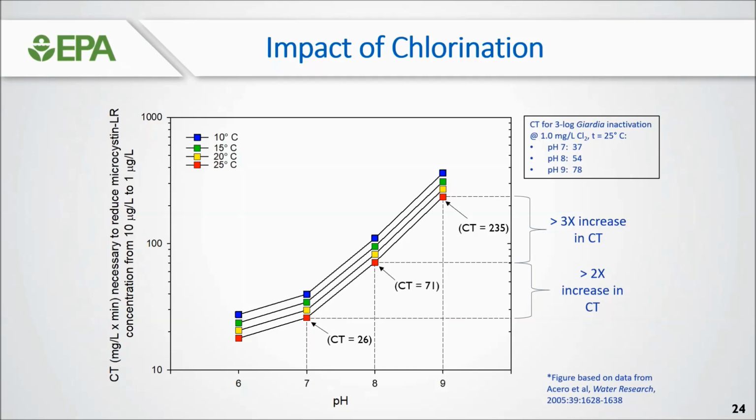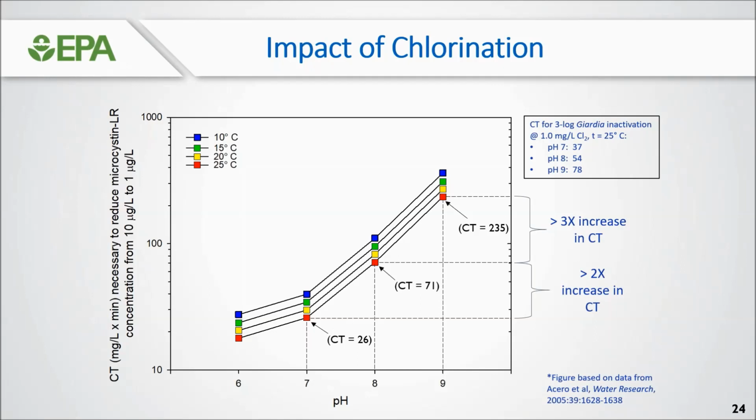So the story here is that at higher pHs, you'll need more chlorine and more contact time, likely due to the fact that it's in hypochlorite form. At pH 6, where hypochlorous acid forms, you need much less because it's more reactive. Also, at higher temperatures, you need less chlorine and less contact time because the reaction rates are faster.